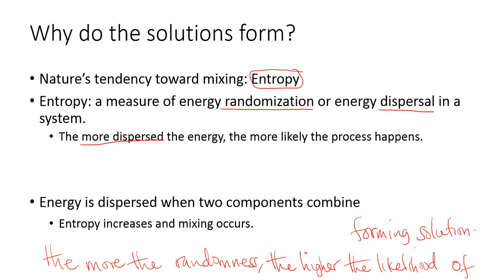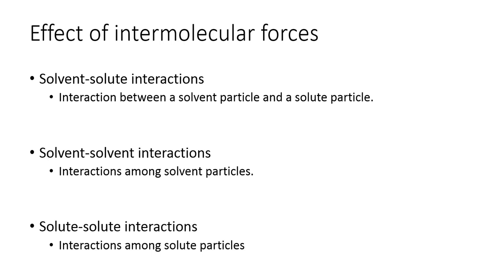So that's important. So solutions happen because most of the time we are increasing the randomness of the system, or we are increasing the entropy of the system.